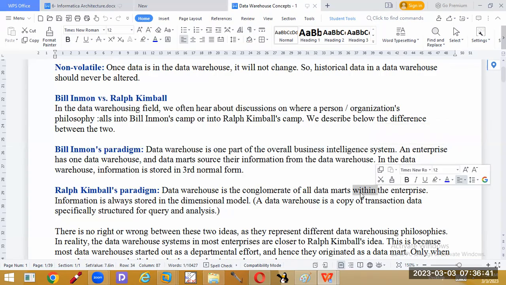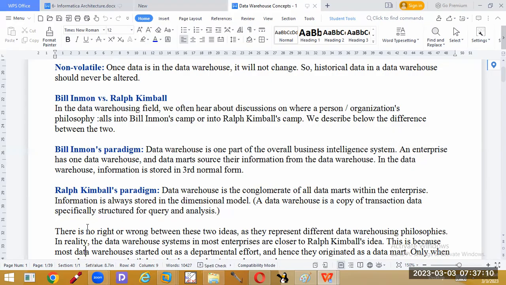Within the enterprise, information is always stored in a dimensional model. He said we store all the information in a dimensional model, meaning part by part, and the data warehouse is a copy of transaction data, specifically structured for query and analysis. And we copy the transaction data: whatever transactional tables there are in ERP, we copy the transactional data into that structure.